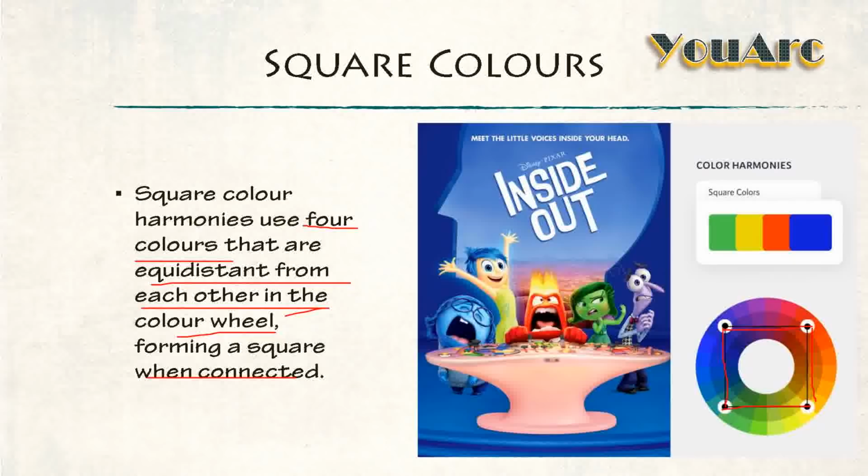Do you remember what the equidistant color scheme is when it comes to three colors? Triadic colors. Okay, when it comes to four colors, when they are equidistant, then it is called square colors. So here I have given an example for square colors. It is the Inside Out poster where we can see all the square colors here.